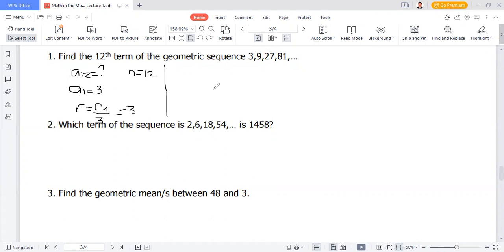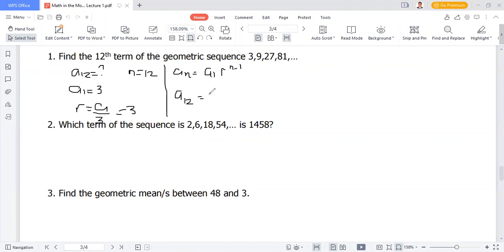So, to find A sub 12, we can use the formula for A sub N. A sub 12 equals, sulat ko muna yung formula. So, A sub N equals A sub 1, R raised to N minus 1. So, solve natin si A sub 12.